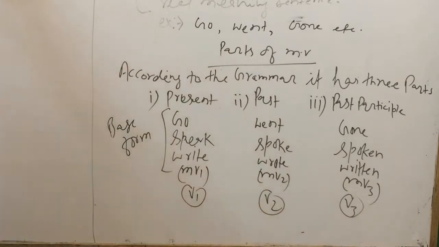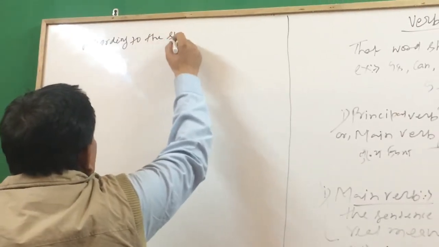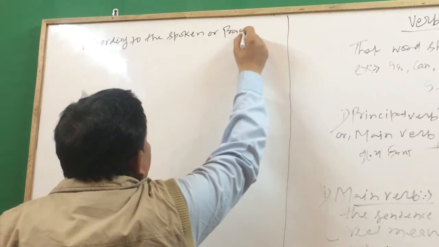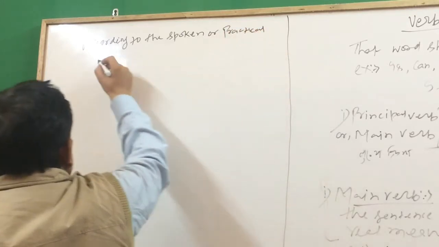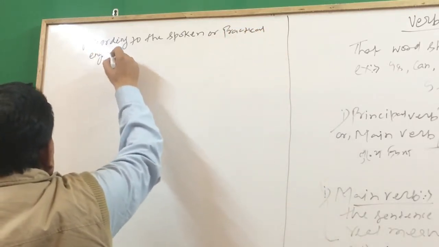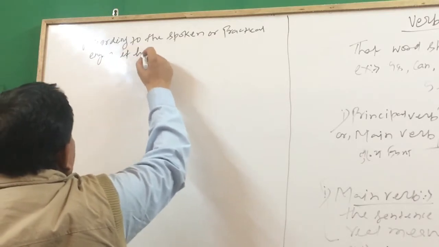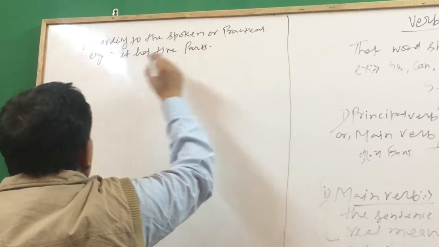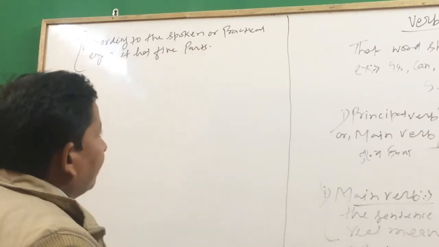But my dear, first of all, just try to understand why did I say according to the grammar. Now, according to the spoken or practical English, it has 5 parts. Once again I am repeating, it has 5 parts. Look at it.